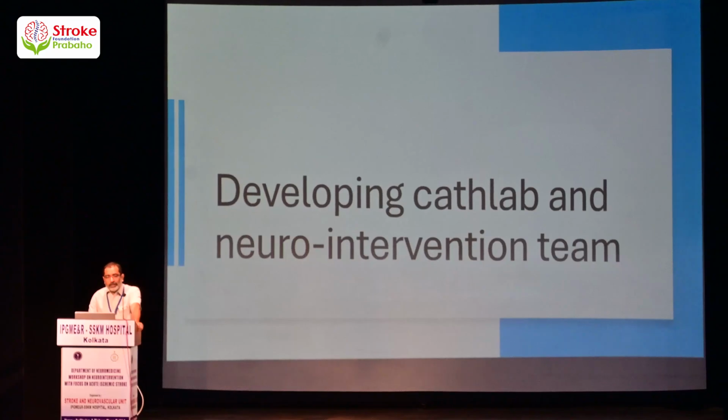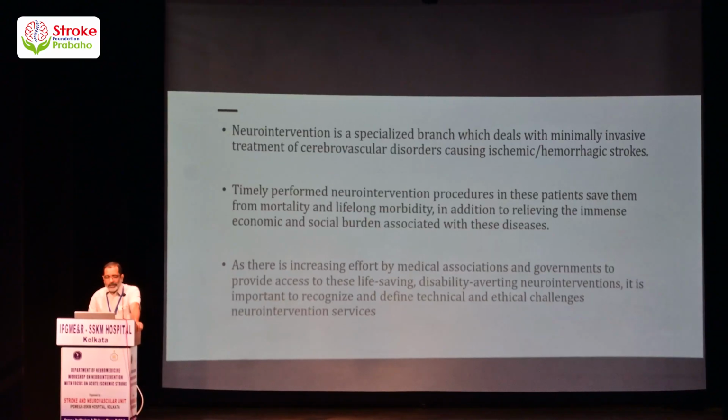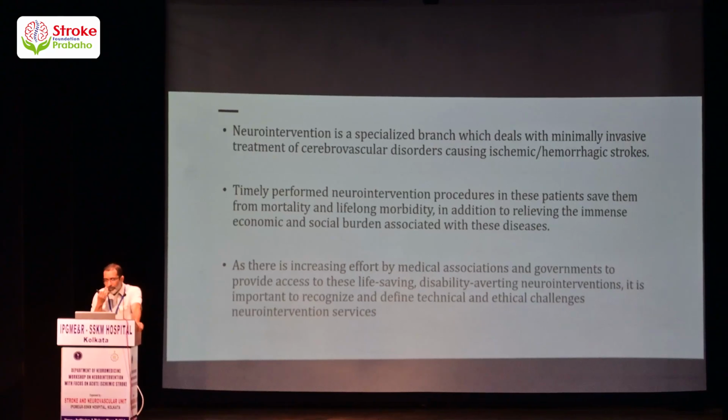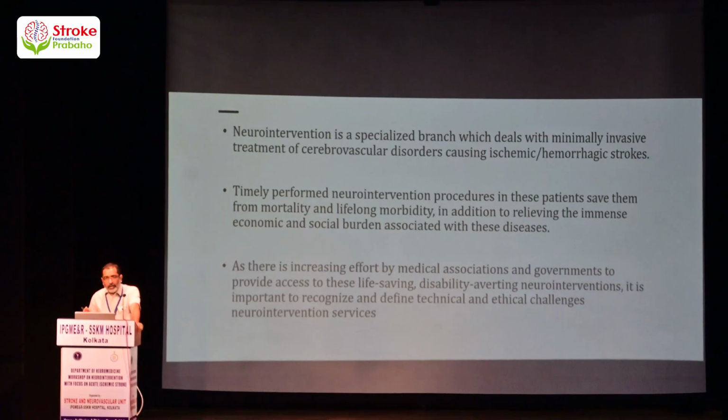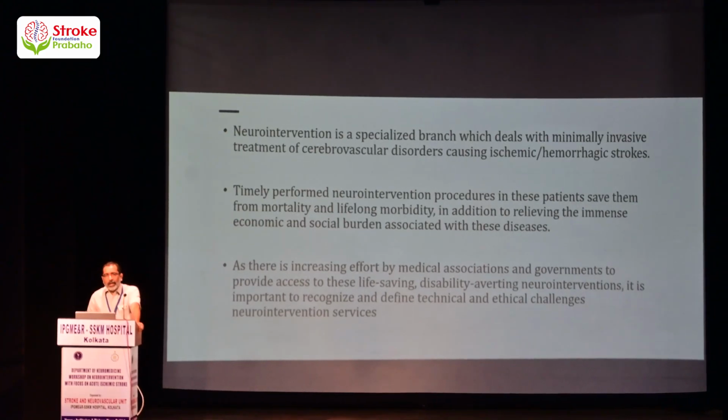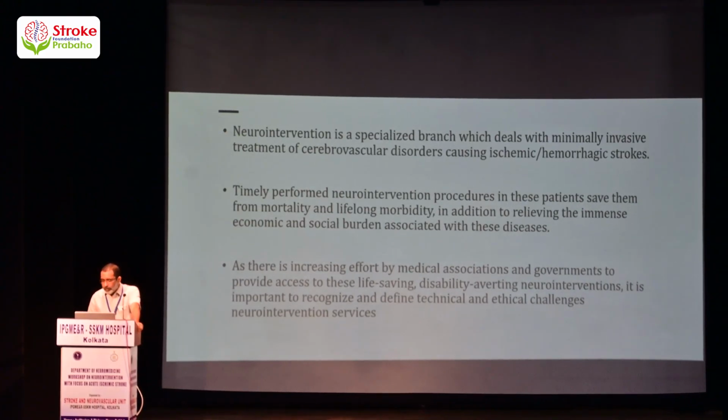The last part is development of the Cath lab and neurointervention team. You all know that this is one of the most recent advances, which can save a lot of patients in terms of mortality and morbidity as well.